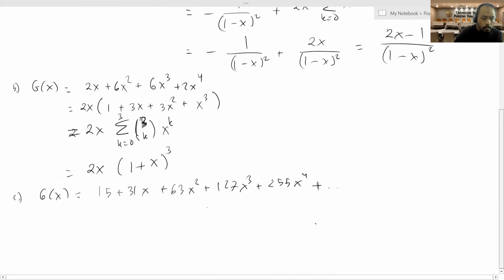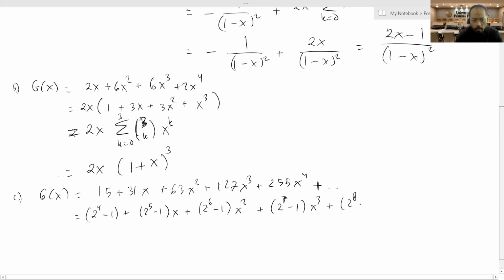So 15 is 2 to the power of 4 minus 1. 31 is 2 to the power of 5 minus 1. 63 is 2 to the power of 6 minus 1. And then 127 is 2 to the power of 7 minus 1, times x cubed. 255 is 2 to the power of 8 minus 1, times x to the power of 4, and so on.